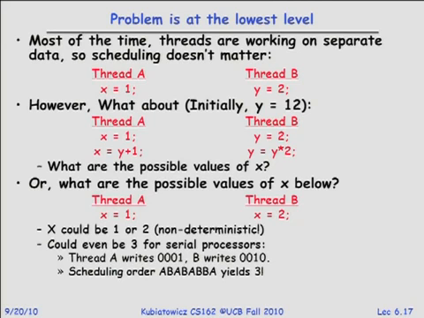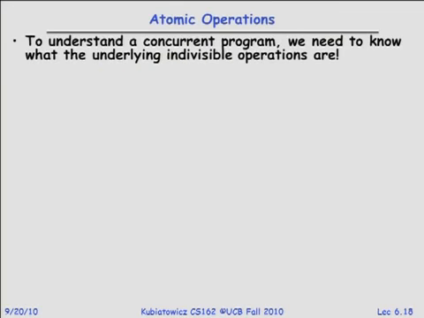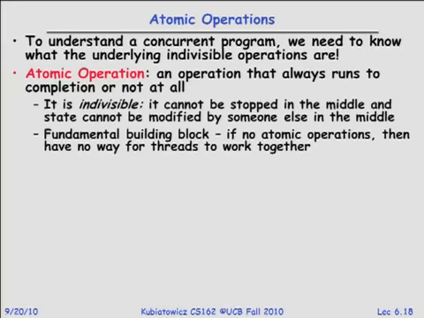I want to introduce some terminology here. To understand concurrent programs, we need to know what the underlying indivisible operations are. An atomic operation is going to be particularly useful for us to know. It's basically something that's indivisible, which means there's no way for any other code to get in the middle of this operation.